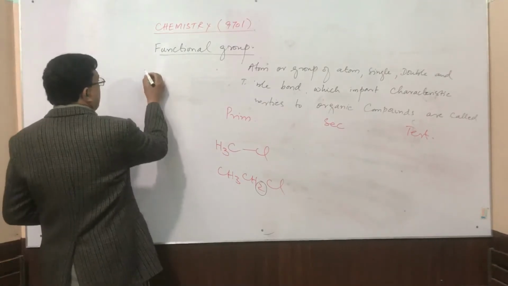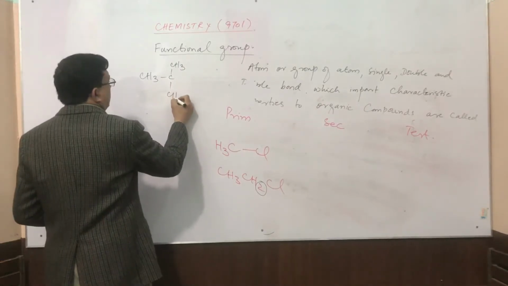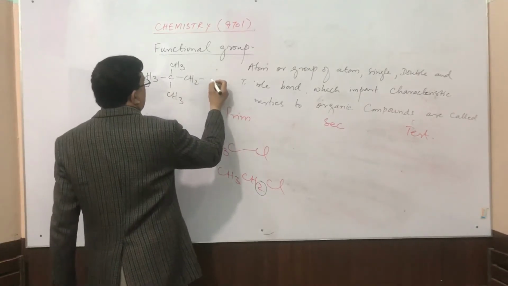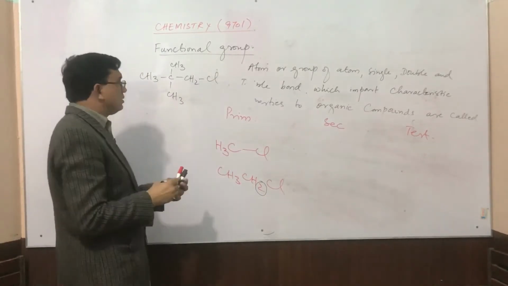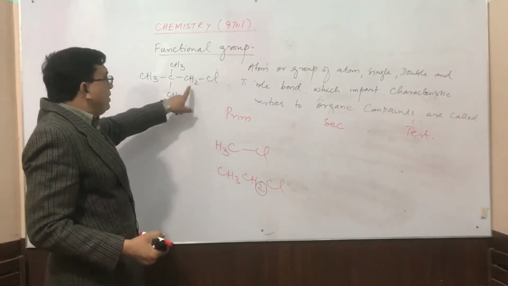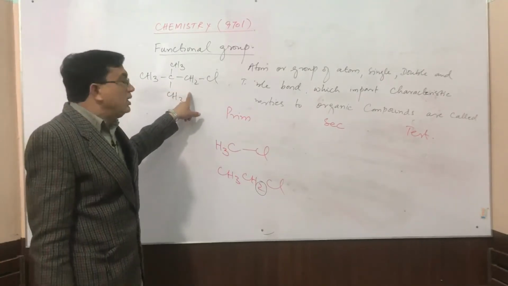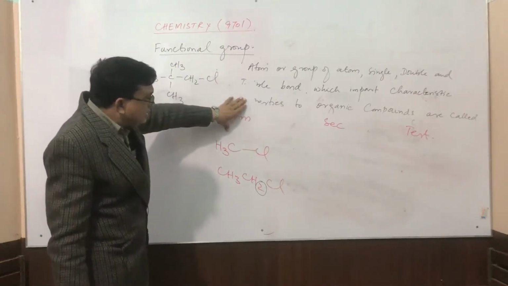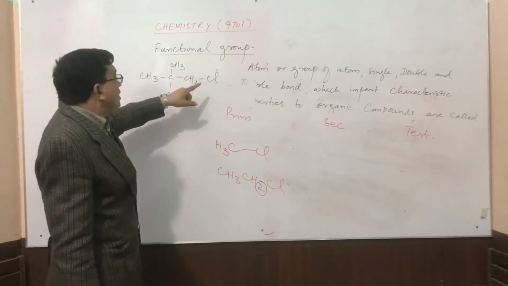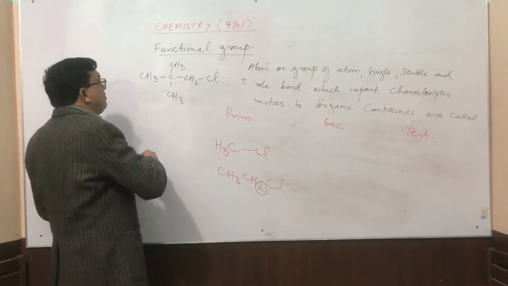Now look at this, Cl. Now the carbon atom containing halogen group is having still 2 hydrogen atoms in this compound. So this also will be called as a primary halogenoalkane.